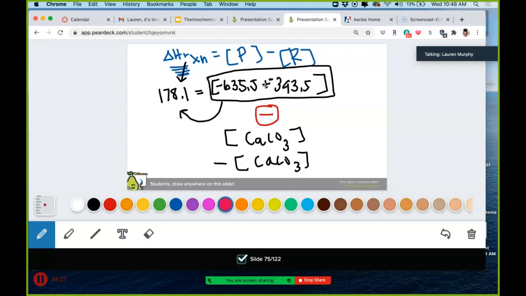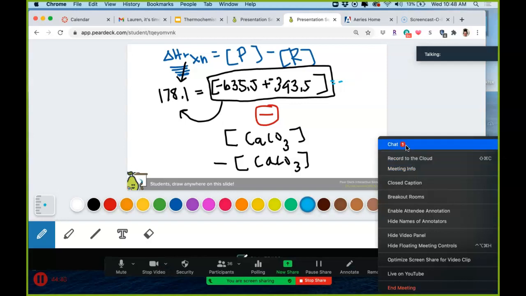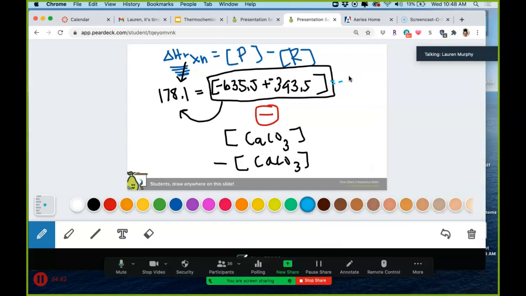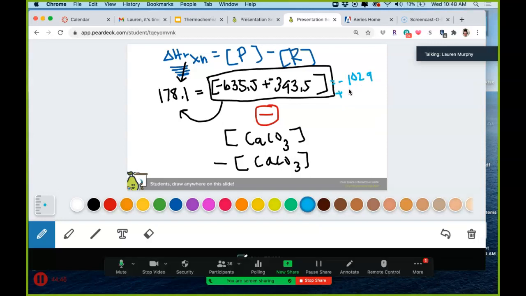The 635 and the 393 together? It's negative what? Negative 1029. So how do we get rid of it? We would add 1029 to both sides.